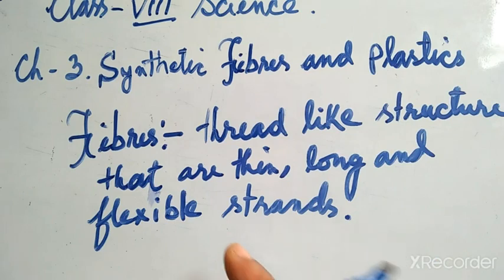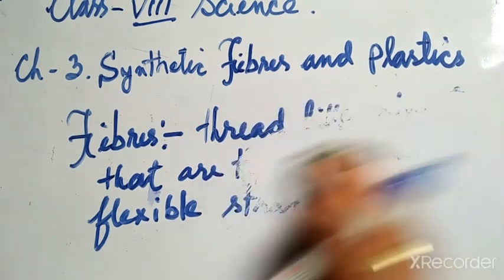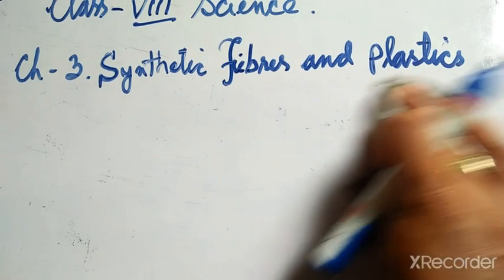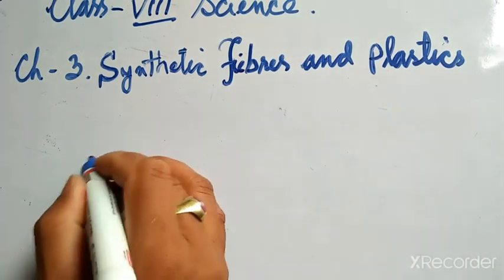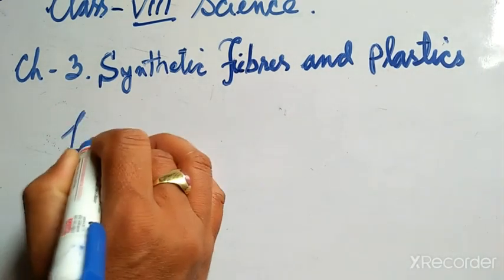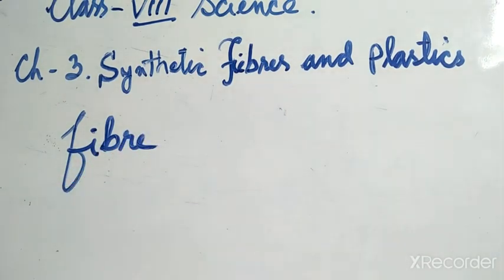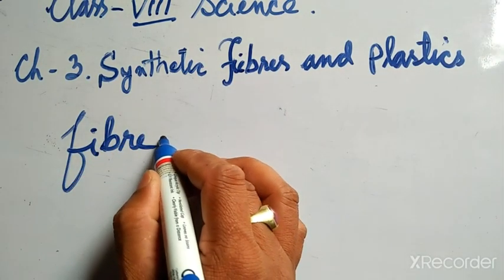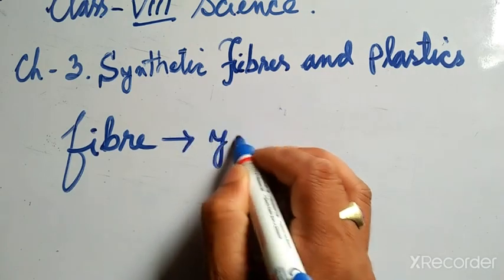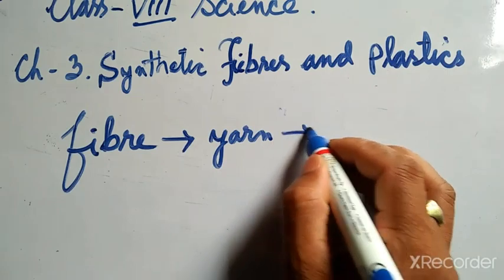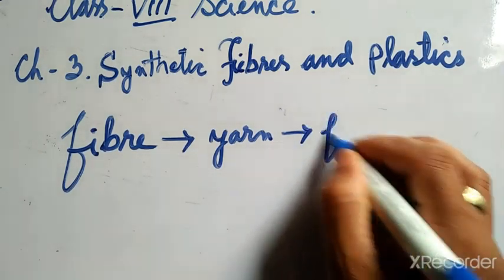So from fibers, fabrics are made. Let's see a chart. From fibers, yarn is made. And from yarn, fabrics are made.